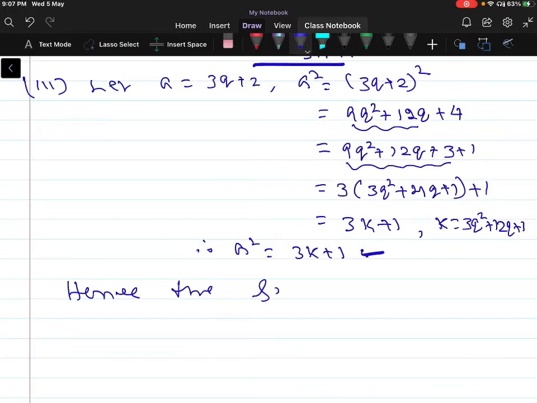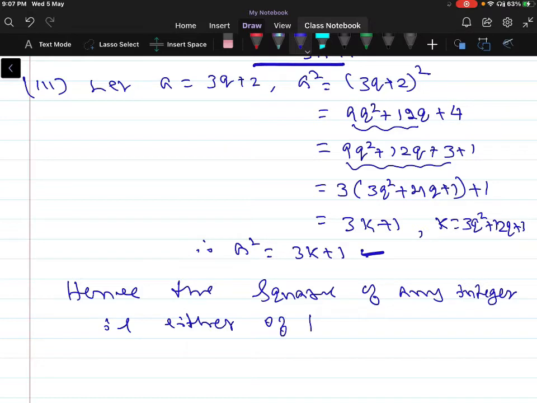The square of any integer is either of the form 3k or 3k plus 1.